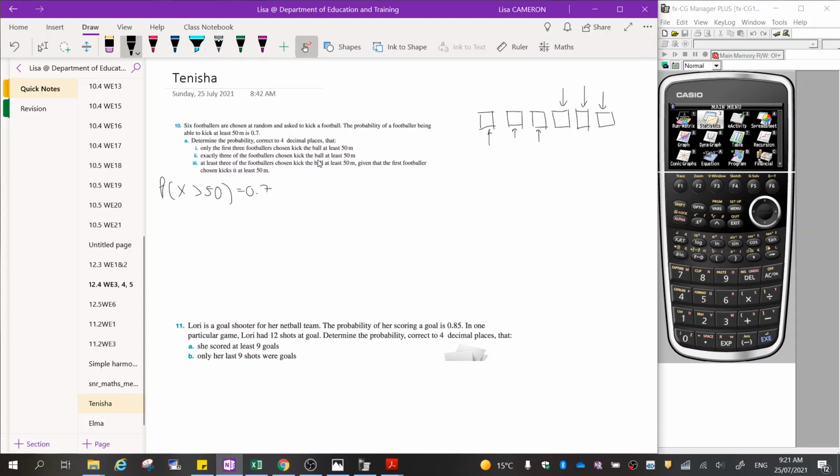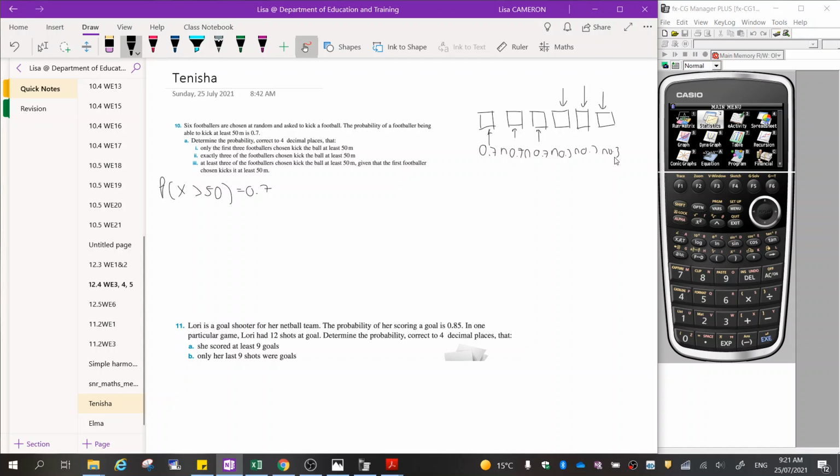Only the first 3 kick, which means the next 3 fail. So that's 0.7, he wins, and he wins, and he wins, and he loses, and he loses, and he loses.